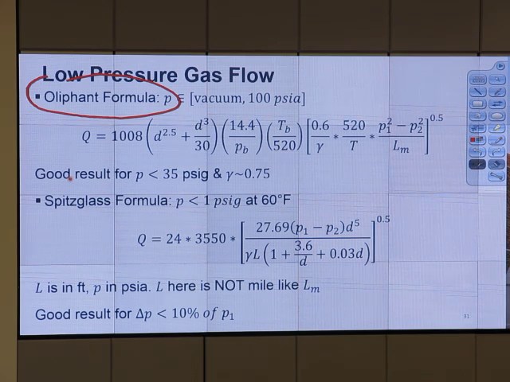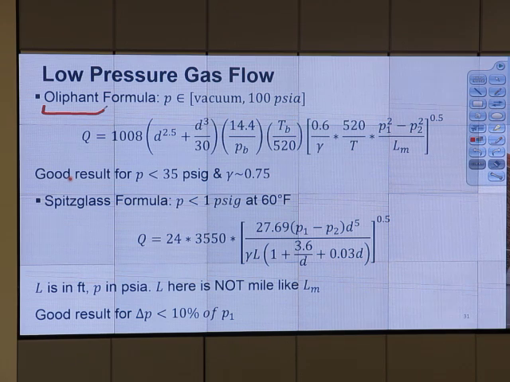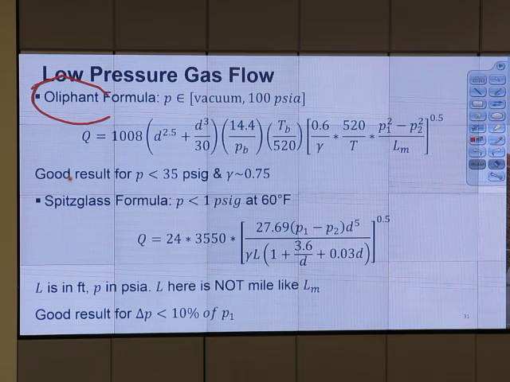You don't really need to memorize how to spell this word because in the quiz there's a choice for you to select. You just know that it starts with O. Olifant formula. Okay? Olifant formula is for vacuum. You want to repeat after me? Olifant formula is for vacuum. Do it, please. It is in the quiz.